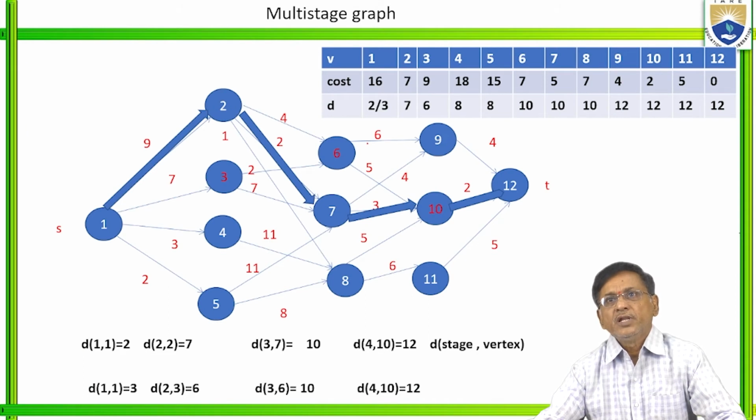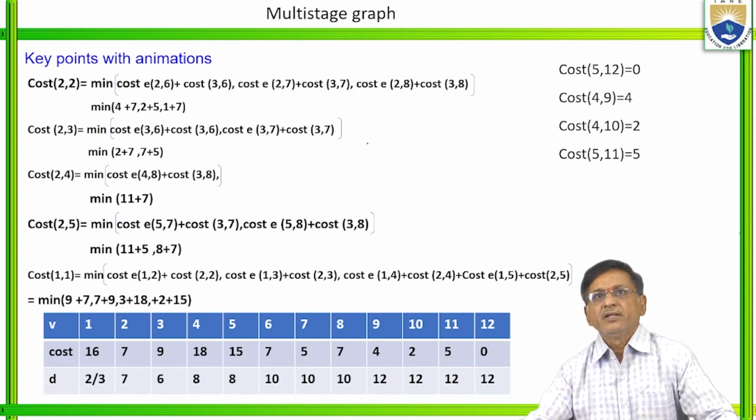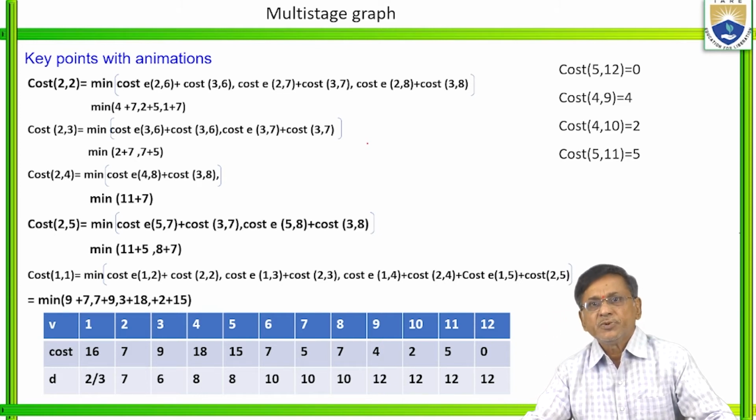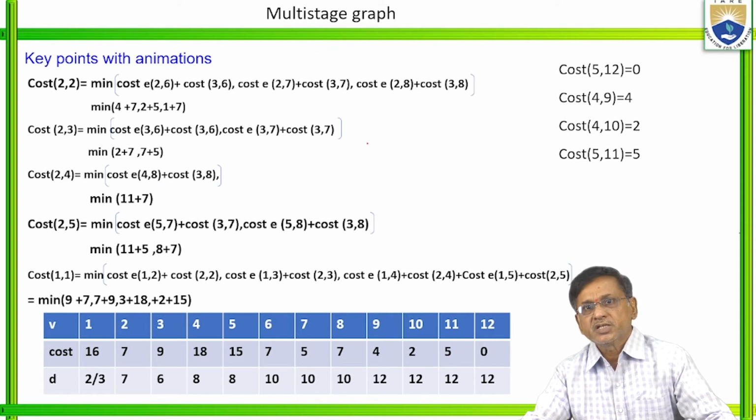From 4, only one path is there, so we can straight away consider 4 to 8. The cost of edge 4 to 8 is 11 plus the cost of vertex 8, so 11 plus 7 is equal to 18. For vertex 4, the cost is 18, corresponding to destination 8.